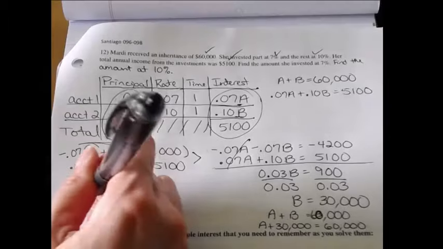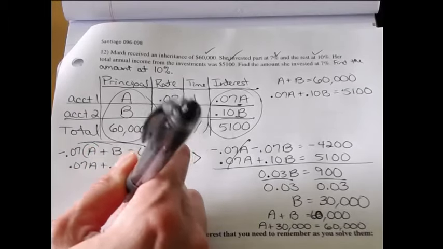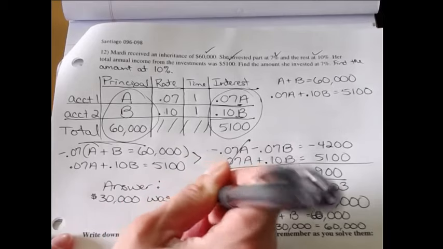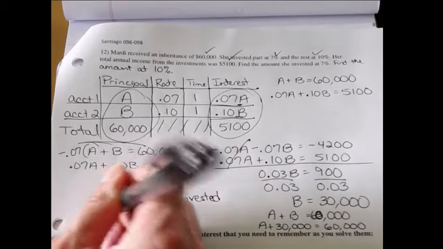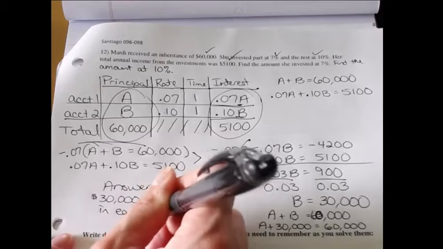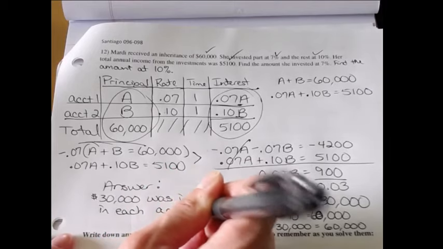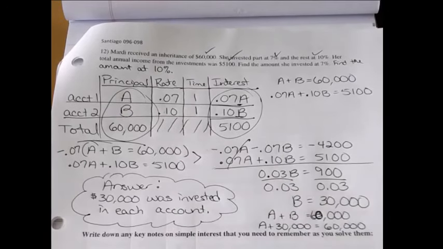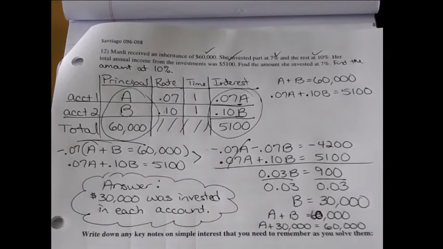I'm going to write 30,000 was invested in each account because they happen to be the same. So why not? Okay, and we're done with this problem.